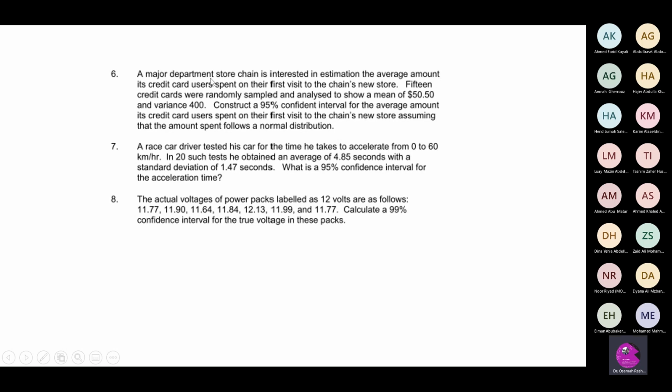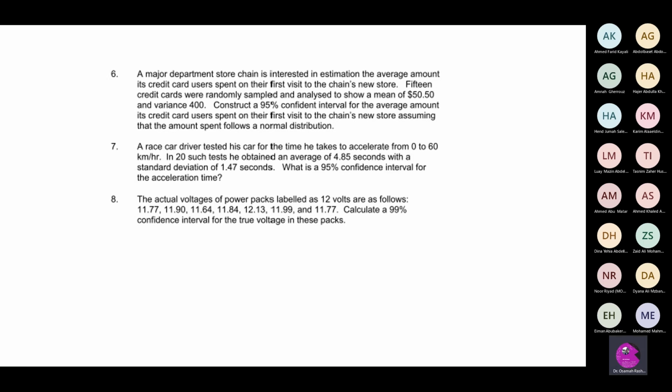15 credit cards, you have a 15, right? So n is 15, n less than 30, right? And what is given? The confidence interval for the average amount for these cards. You have the variance 400 and you have the mean 50. This is for what? This sample variance or the population variance, the 400?